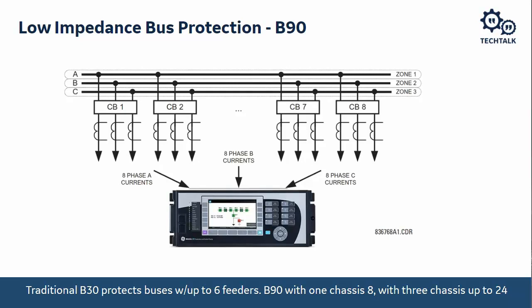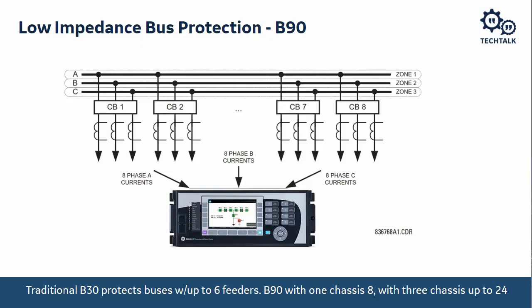So inside of a B30, we can wire the 3-phase currents at the top of that module and the 3-phase currents at the bottom of that module, to give us 2 places to wire 3-phase currents on each of those modules. Since there are 3 modules in there, that gives us the ability to do a bus that has up to 6 breakers connected to it with a single B30 relay.